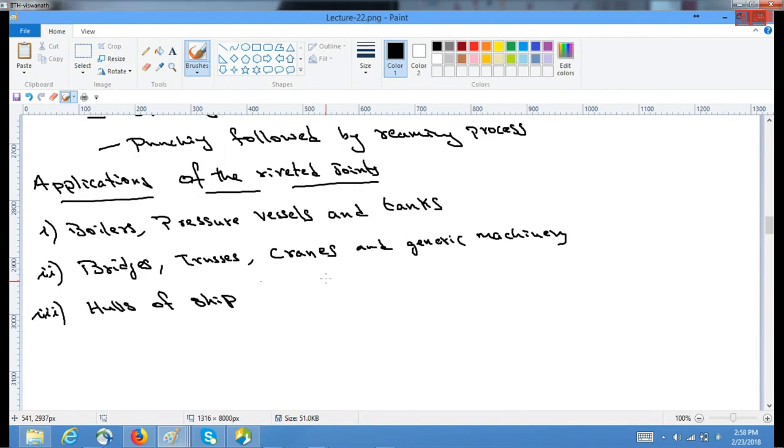The hulls of ships are under a special category because they are done for the curved panels.